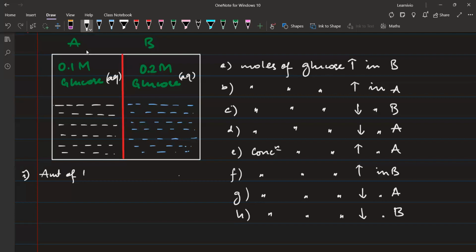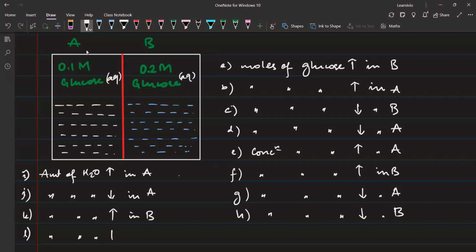Amount of water increases in A. J: Amount of water decreases in A. K: Amount of water increases in B. L: Amount of water decreases in B.